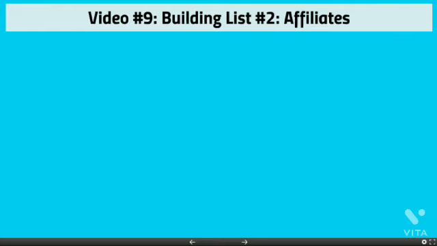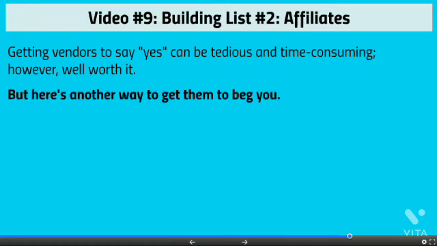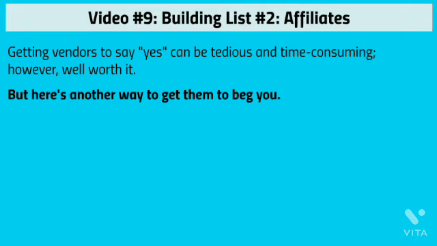And I'll explain in just a minute how you can go about doing this. So getting vendors to say yes can be tedious and time consuming, however, very well worth it. However, that said, there is another way to actually get them to come to you and get them to beg you.